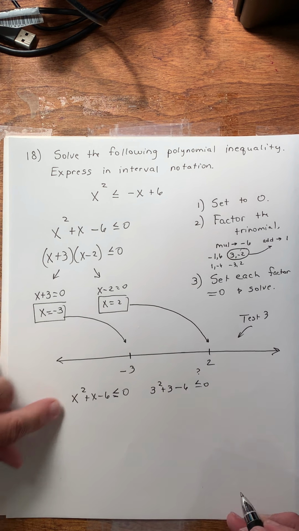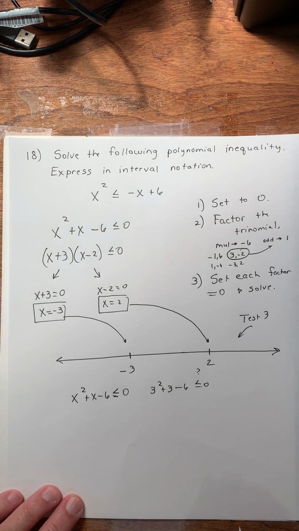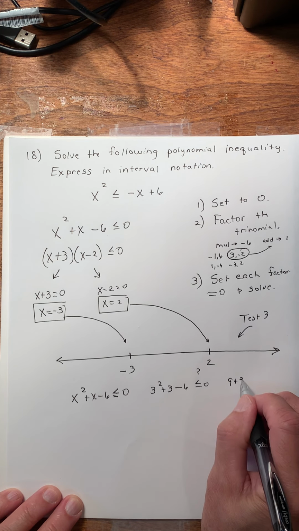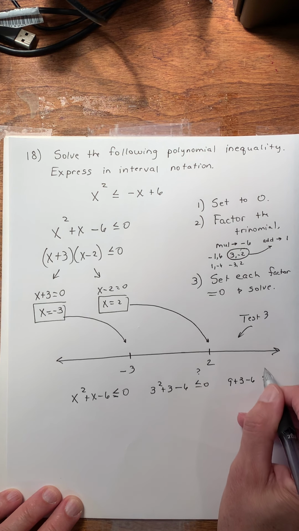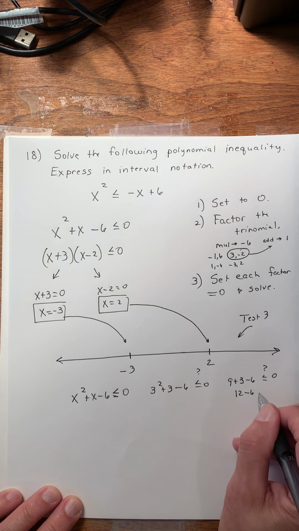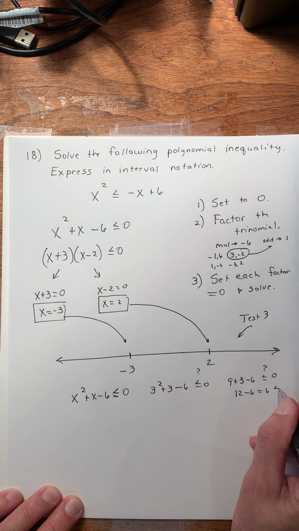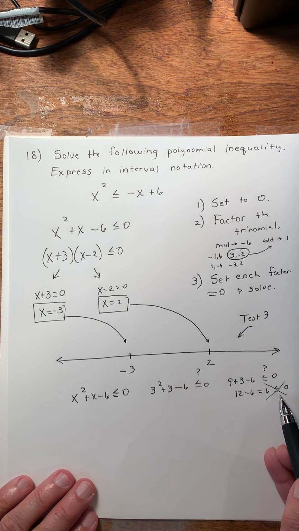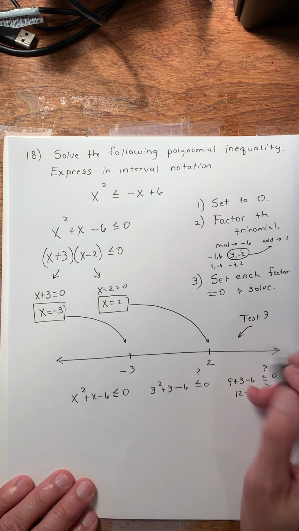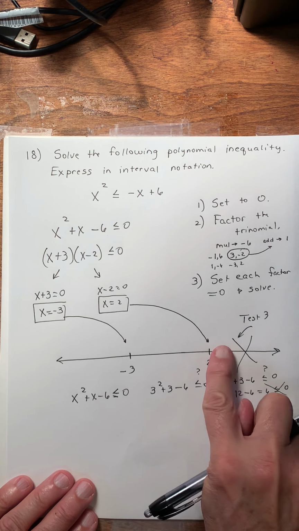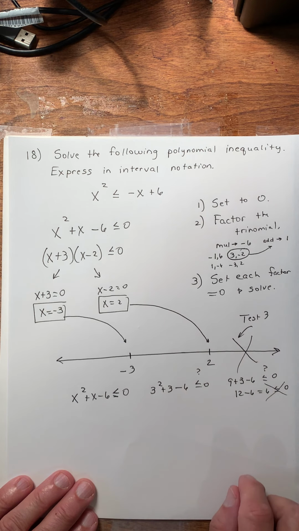Question: is that less than or equal to 0? 9 plus 3 minus 6. Is that going to be less than or equal to 0? No. 12 minus 6 is 6. Is that less than or equal to 0? No. 6 is not less than or equal to 0. So this value, and thus this section, fails.